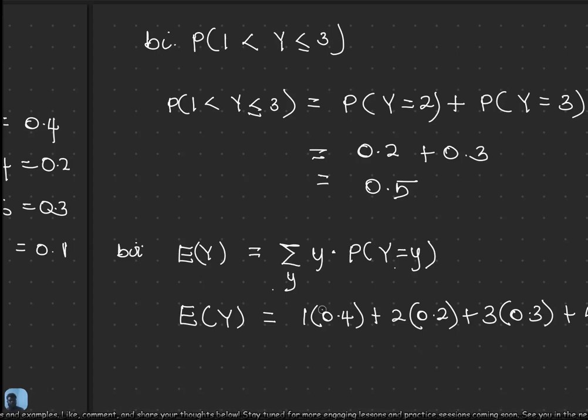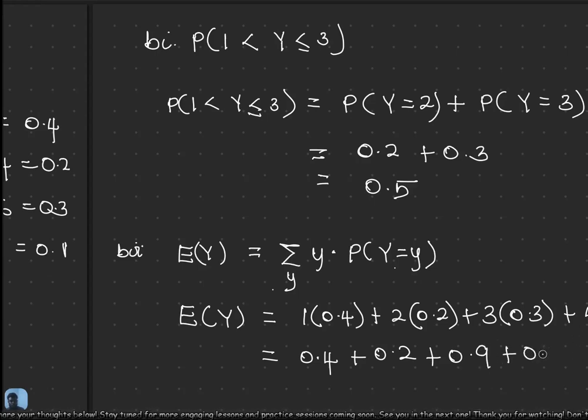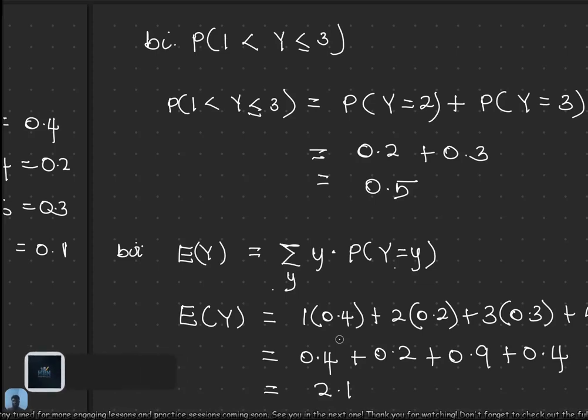You see, so if you are to evaluate, you are going to get 1 times 0.4, which is 0.4. 2 times 0.2, which is also 0.4, plus 3 times 0.3, which is 0.9. Then this also gives us plus 0.4. If you add all of this, we get 2.1. So our expected value is what? 2.1. I hope it has been very, very insightful.